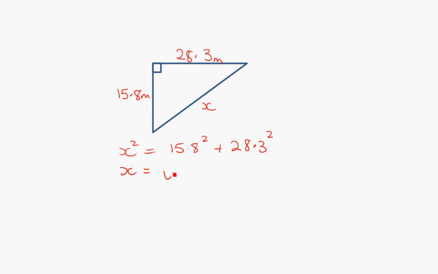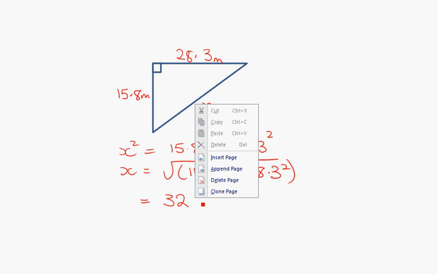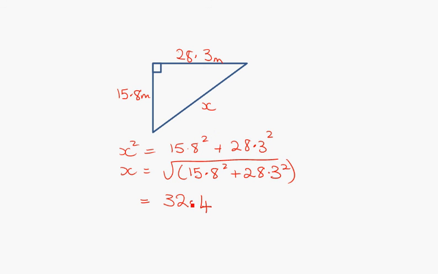X is the square root of, and I'm going to put brackets in case you've got an old calculator, 15.8 squared plus 28.3 squared, and if you do it on your calculator you get 32.44118.